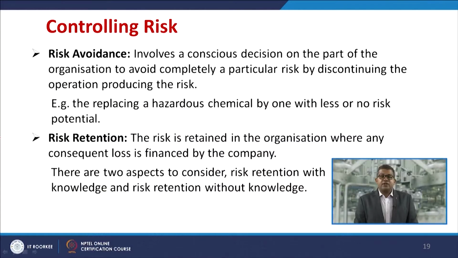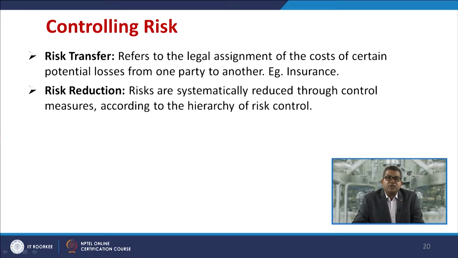Then the risk retention. Now the risk is retained in the organization where any consequent loss is financed by the company. Now there are two aspects to consider. One is risk retention with knowledge, and second is risk retention without knowledge. Another aspect is risk transfer. This refers to the legal assignment of the cost of certain potential losses from one party to another, that is, insurance.